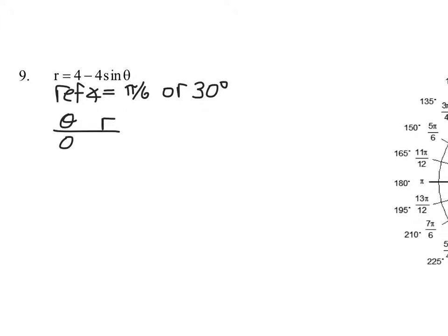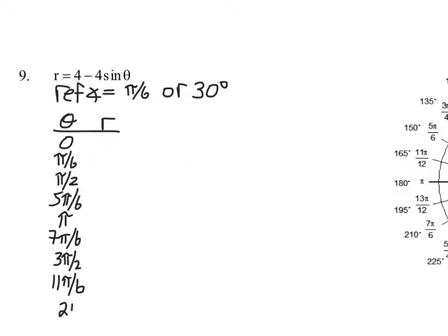I'm going to start with 0, then go to pi over 6. Then I'm going to hop up to pi over 2, then go to 5 pi over 6, then pi, then 7 pi over 6, then 3 pi over 2, then 11 pi over 6, and then the last one would be 2 pi.